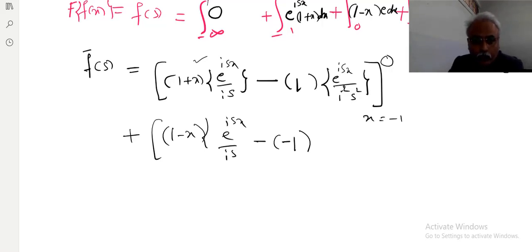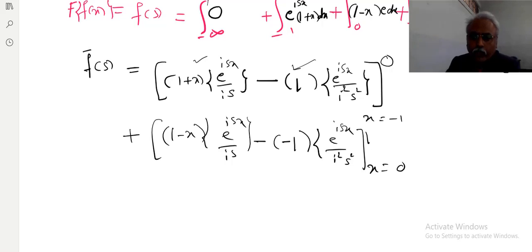Differentiation goes in one bracket, integration in the other bracket. Here differentiation is over, and the integration gives e raised to isx upon i squared s squared. This range is 0 to 1; you have to write the proper range without fail.